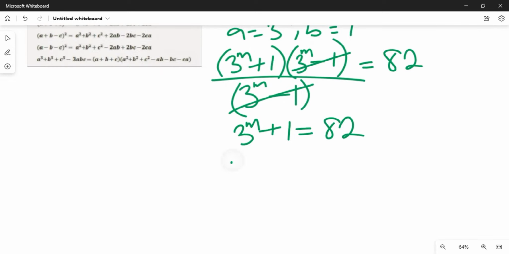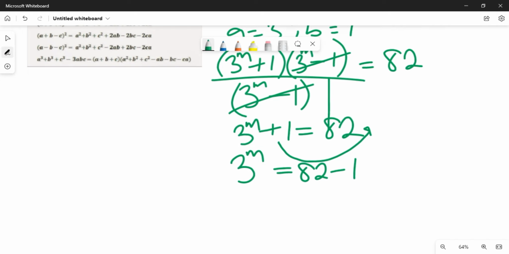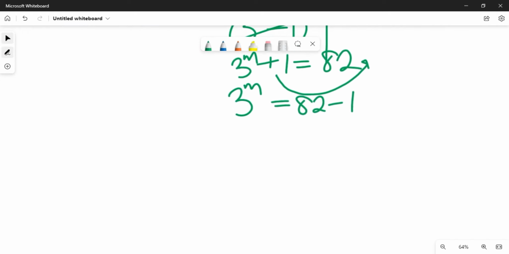Our solution will now be 3 raised to power m, plus 1 goes to this place to become minus 1. That will give us 82 minus 1, and then our 3 raised to power m will now be equal to 81.